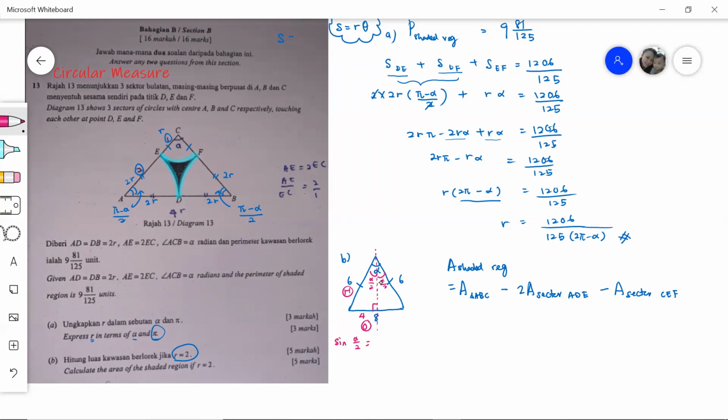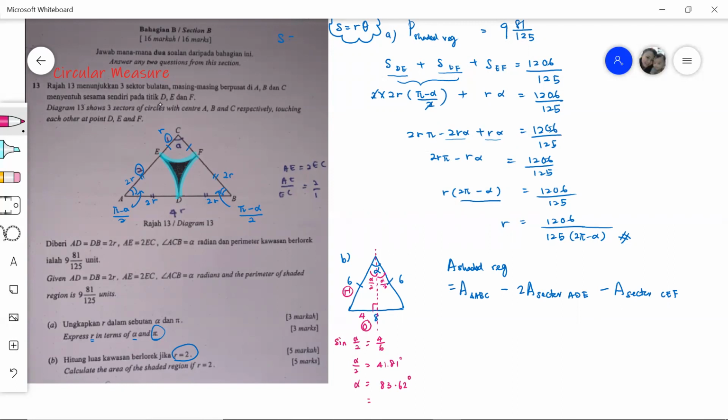Sine alpha over 2 equals opposite over hypotenuse, 4 over 6. So alpha over 2 is arcsine of 4 over 6, which gives us 41.81 degrees. Therefore, alpha will be 83.62 degrees.